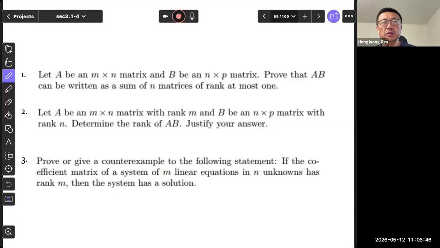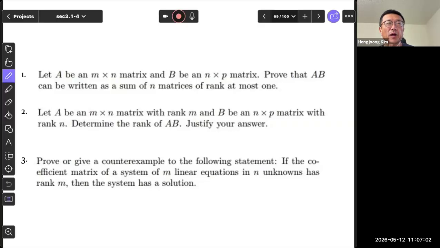Now, these are some problems in the exercise, and I hope you spend some time to think about these three situations.